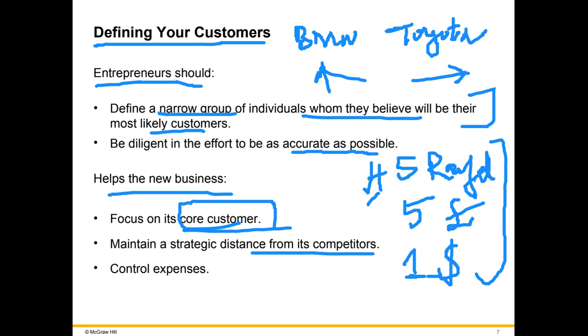It is going to fulfill their needs and expectations, and that will give you a competitive advantage over your competitors. And this can also help you to control expenses, because if you do not fully identify your target market, then it's going to be a huge wastage of, say, marketing cost.